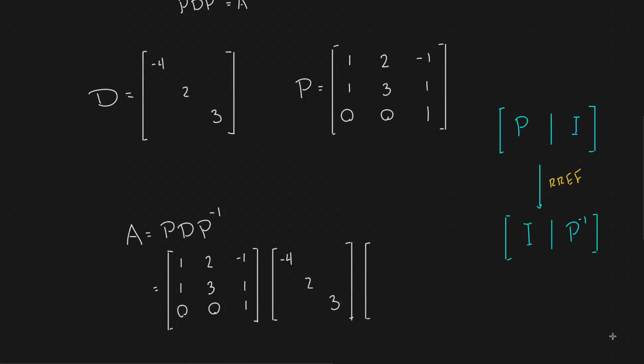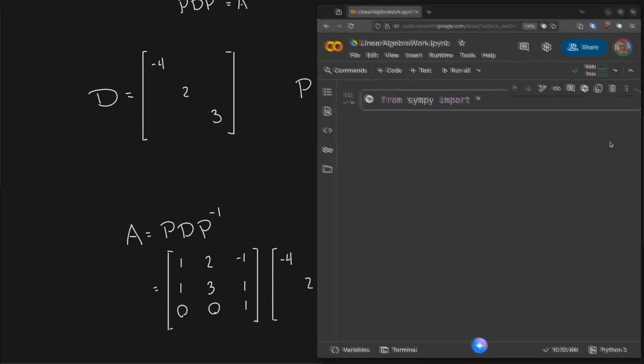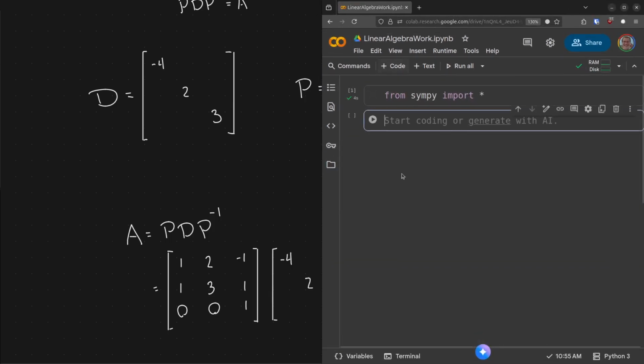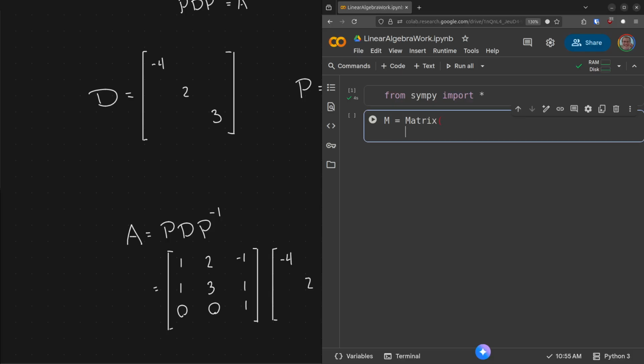Okay, so we're going to need our calculator for this one. Let me pull it over. So we want matrix P, which we have right here, and we want to augment it with the identity matrix. So let me just write matrix P in first.